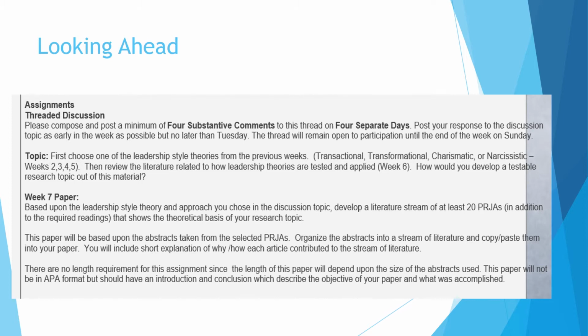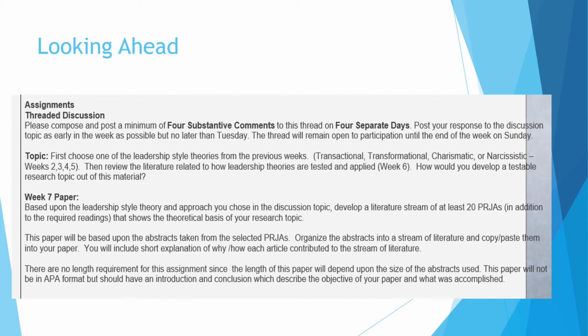You're going to be collecting at least 20 new peer-reviewed journal articles, in addition to the required readings, that provide a development of the theoretical base that you used in your discussion. So how do you show that you know enough about it to see the end of the literature stream, and that you've refined it down to a narrow enough definition where you would actually be able to work with it.